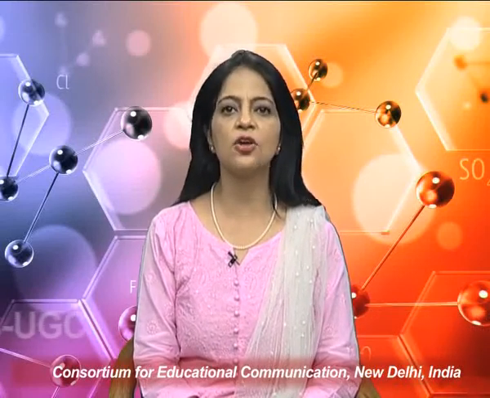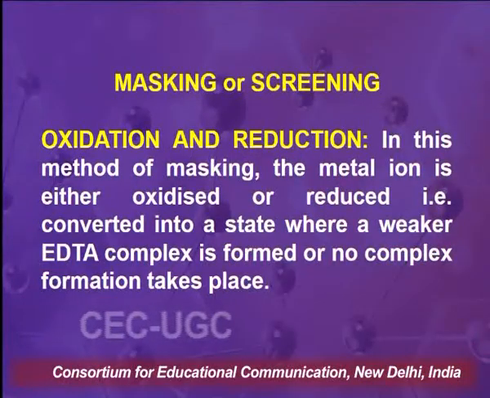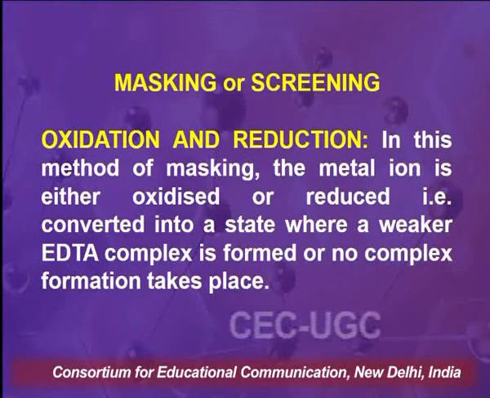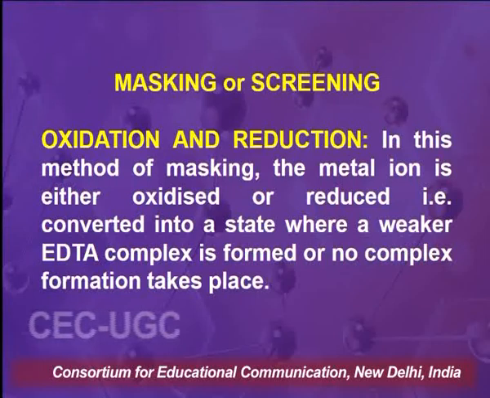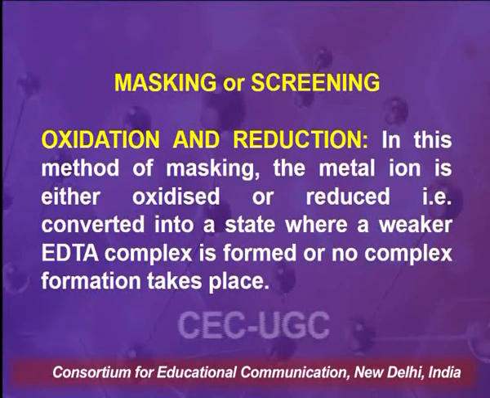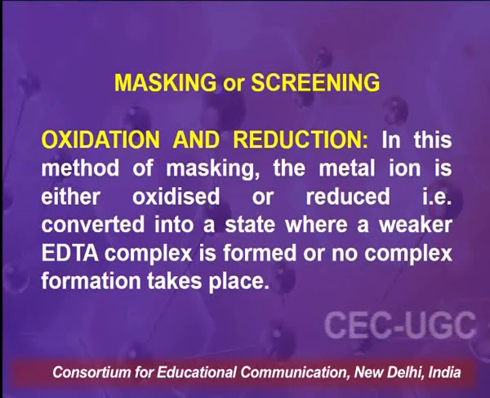In this method of masking, the metal ion is either oxidized or reduced, that is, converted into a state where a weaker EDTA complex is formed or no complex formation takes place.